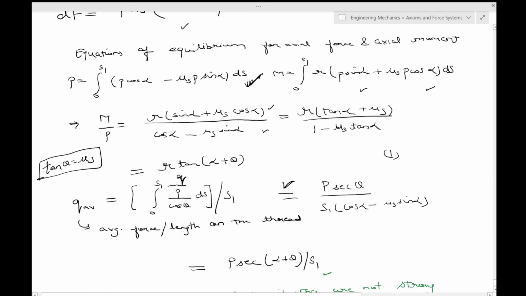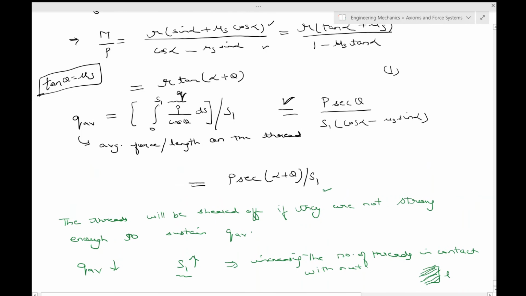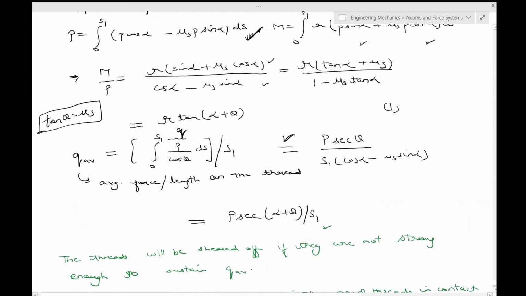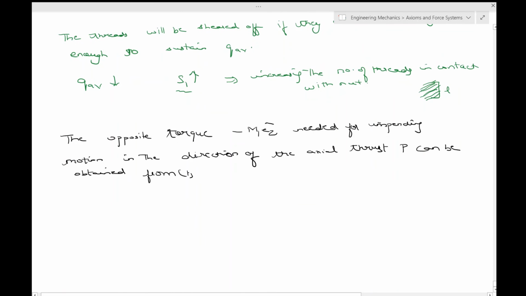You can find the M1 for impending motion in the direction of the axial thrust. For this case, just replace M by minus M1 and mu s by minus mu s.